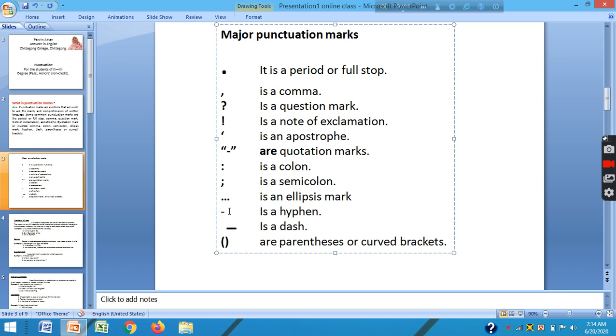It is a hyphen. It is a dash. These are parentheses or curved brackets. Besides this, we also have two other brackets. One is the second bracket, another is the square brackets or third brackets.